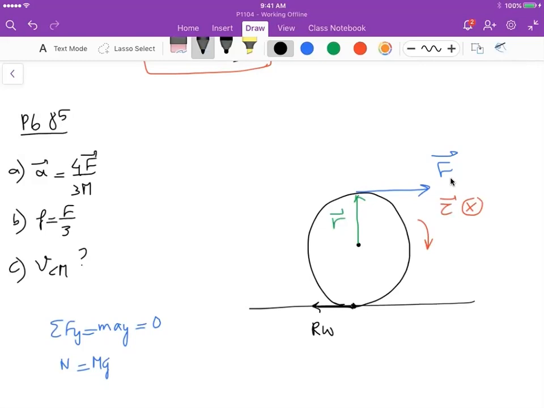So this is the way this point will be moving in case F is causing a rotation. But F could also cause a translation.